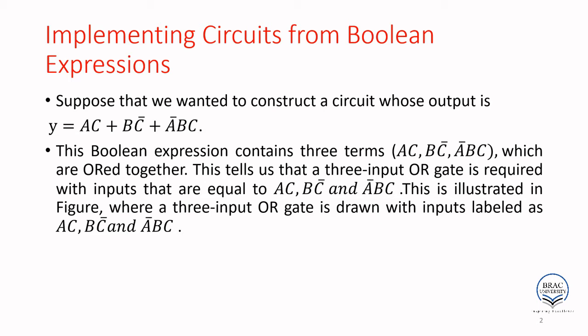If you look carefully, you can see here you have A dot C, that means you need an AND gate. This is your OR sign, so in between you may need an OR gate as well. This is again an AND gate, this is an OR gate, this is again an AND gate. So you may need a couple of AND and OR gates to draw the circuit.